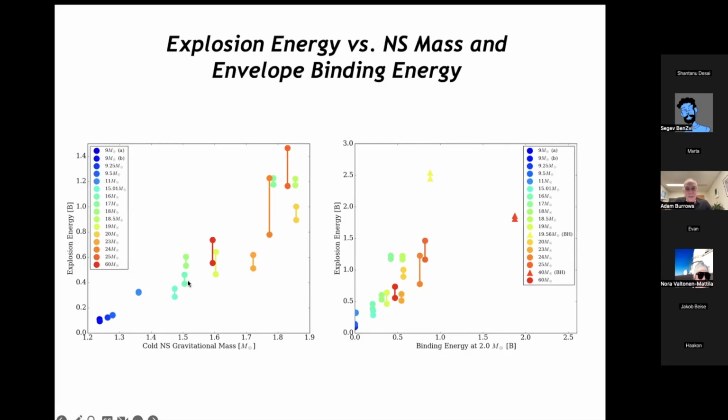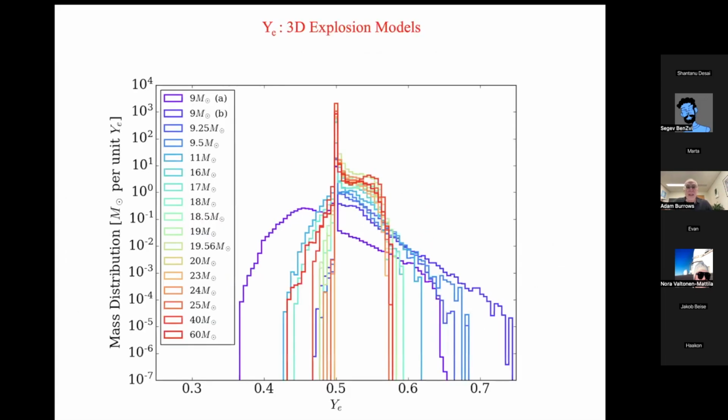And again, the larger the explosion energy, the larger the mass left behind. Now, I'll caution that these models were all started with zero initial rotation and no magnetic fields. We're doing rotating models and magnetic models, but we haven't published those yet. The nucleosynthesis is quite significant, and this is one of the major drivers for nuclear astrophysics.